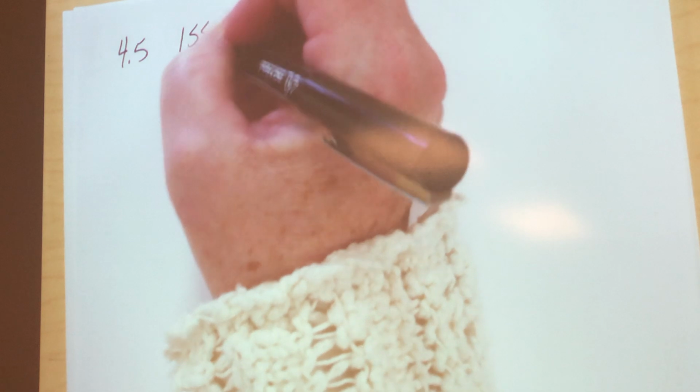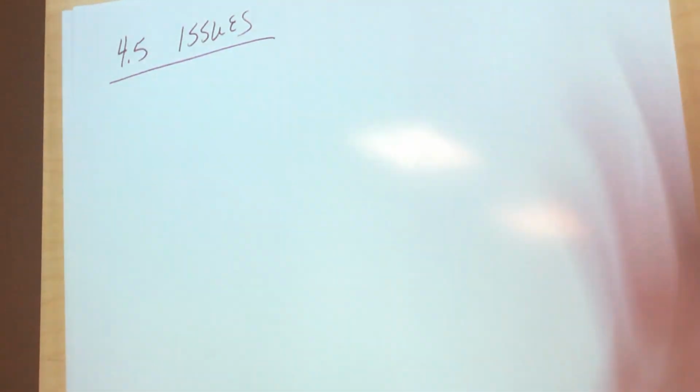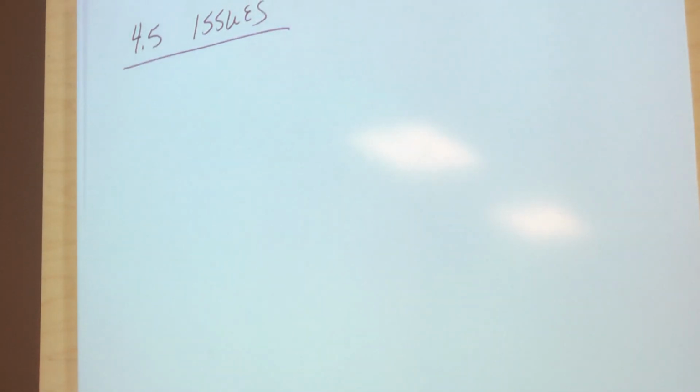I gotta find my notes. So, before we talk about that, I want to talk about 4.5 and some issues that I saw on your worksheet. Okay? So I've already graded your 4.5 worksheet.